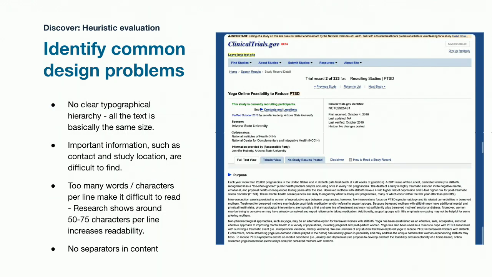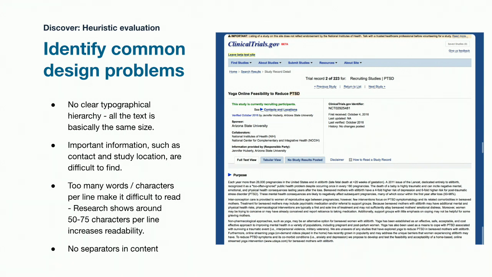So to figure out what I wanted to change, I did a heuristic evaluation, which is just a quick way to find common usability issues. And again, on methods.18f.gov, not .com, don't go there, you can learn more about each method so that you can do your own heuristic evaluation.